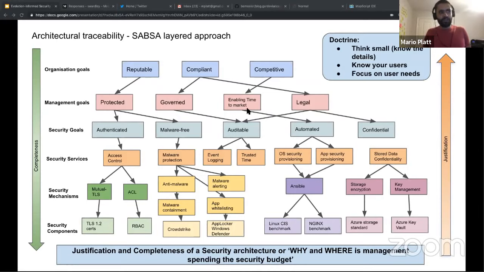So the security goal is that you want to do things in an automated fashion, right? To enable that time to market, so not hindering the speed of the organization. And then you develop a number of security services that are supported by particular mechanisms that are delivered by particular security components. Right? And you do this type of traceability across everything that is there for you.